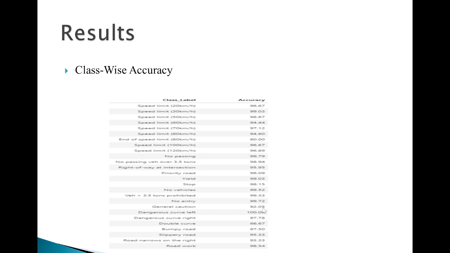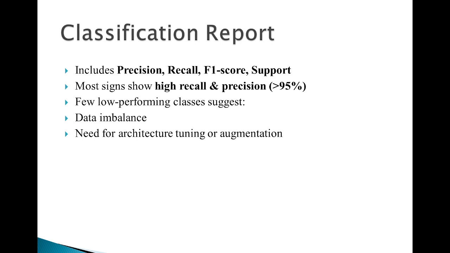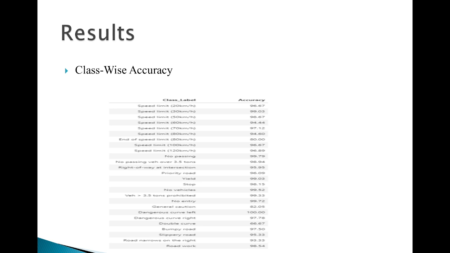So what can be the reason behind it? After reading the paper, I feel there might be some problem in the dataset, which does not have enough samples for these classes.